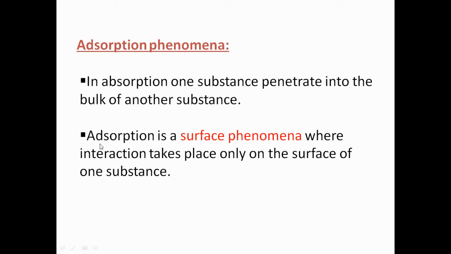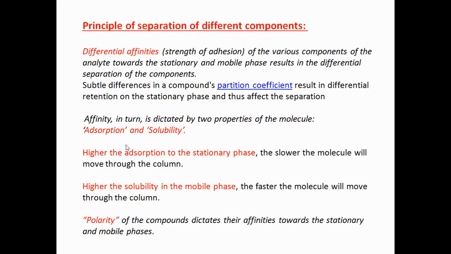So in all the chromatography techniques, whenever we have solid as a stationary phase, the principle involved is adsorption, which is purely physical interaction involving van der Waals forces, hydrogen bondings, etc. So how does the separation of different components take place? This separation is mainly due to differential affinities.